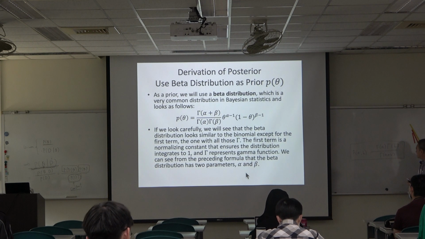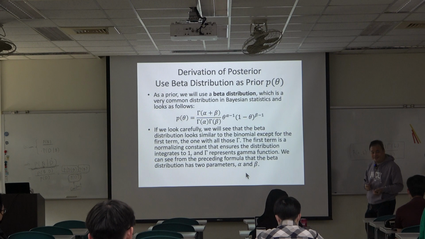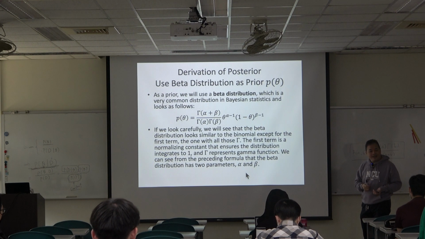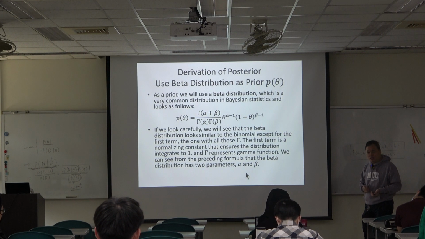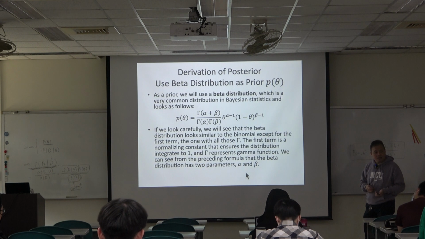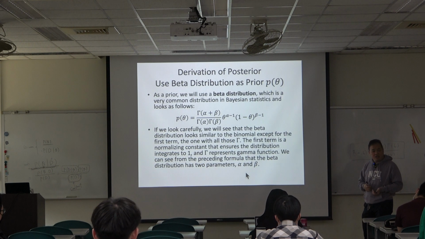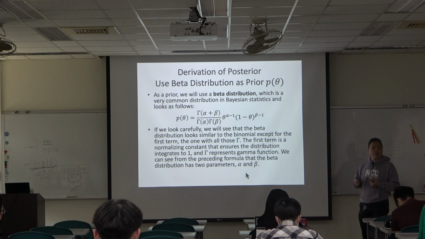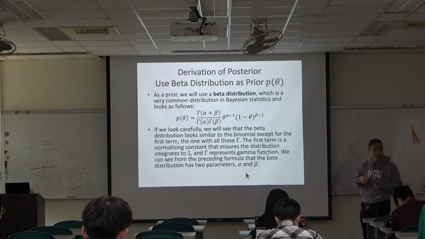So these terms are obviously only dependent on a and b, and a and b are constant. Remember, a and b are constant. They are the fixed values that we use for our prior to describe our prior.